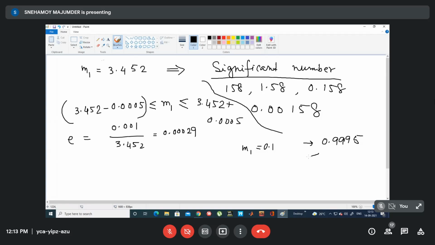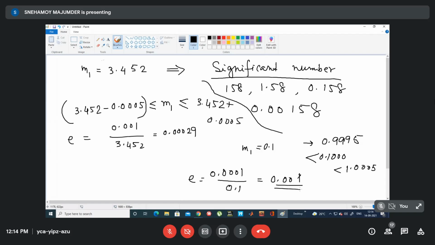Obviously that is less than 0.1004, and that is less than 0.10005. So here also you can see the error is 0.0001 divided by 0.1, where 0.1 is the actual, and here you can see it is 0.001.